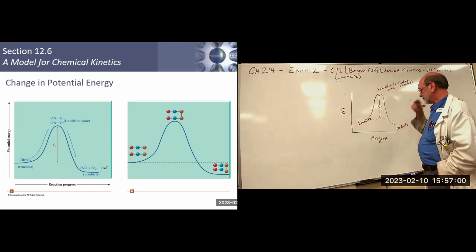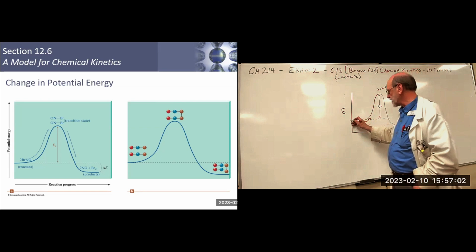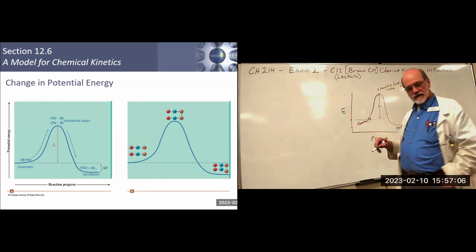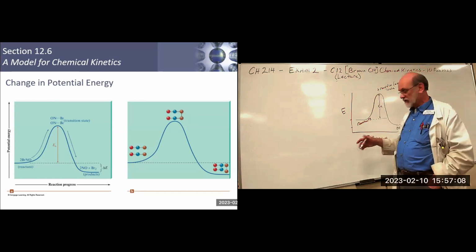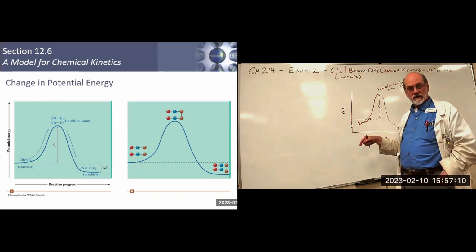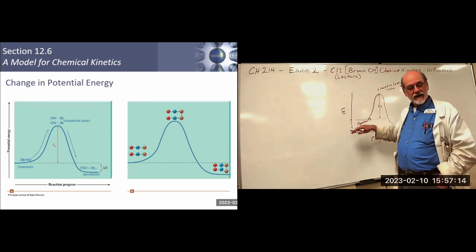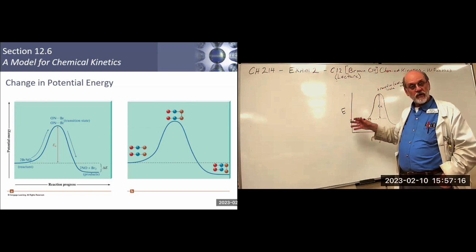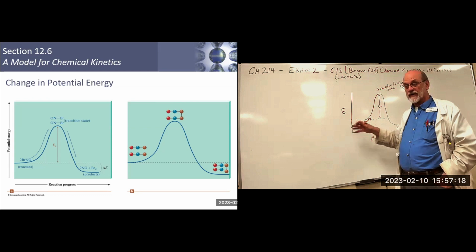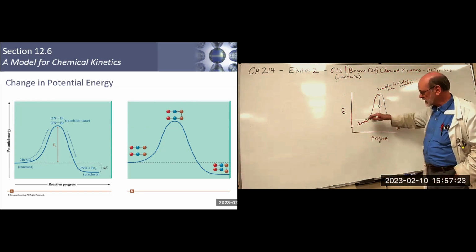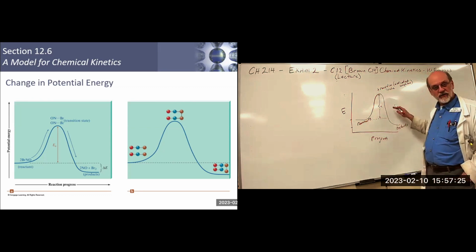Notice also that if you start off at this energy and you end up at this energy, what change has occurred? It's a negative change. You had more energy to begin with than you did when you ended. And that, in terms of thermochemistry, is an exothermic reaction. You've given up energy, right? So whenever you see this higher than that, it's exothermic.